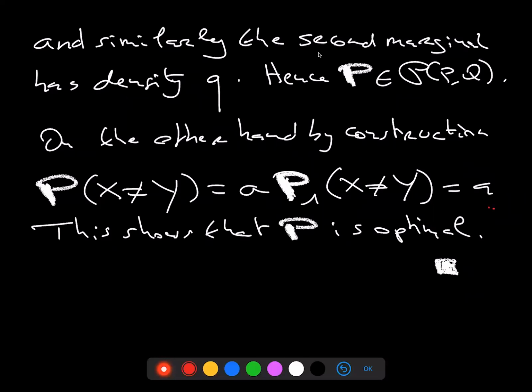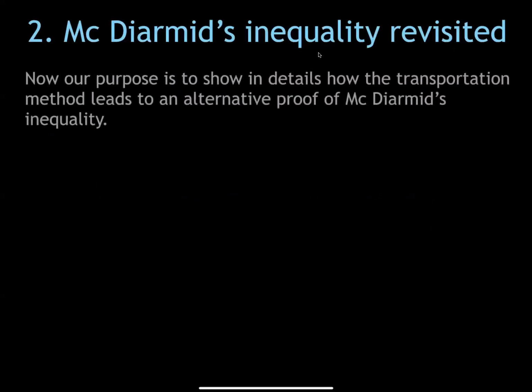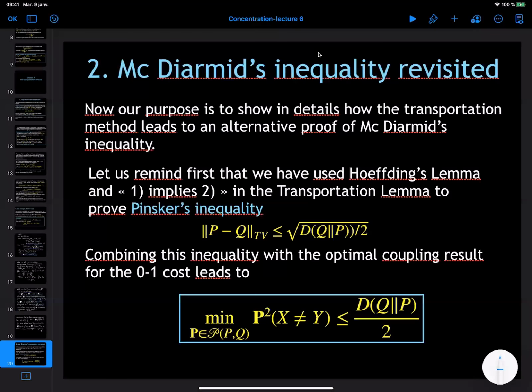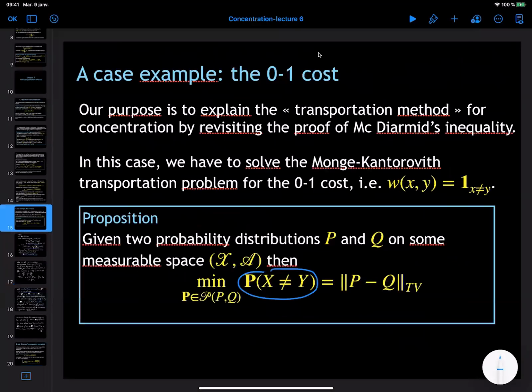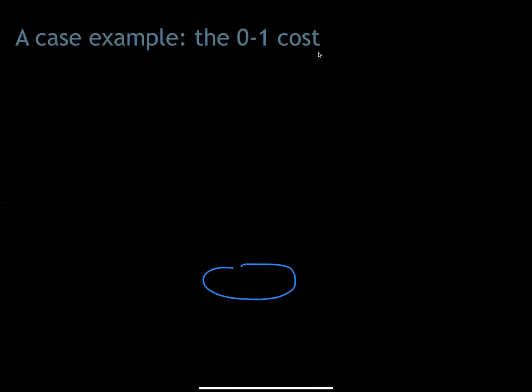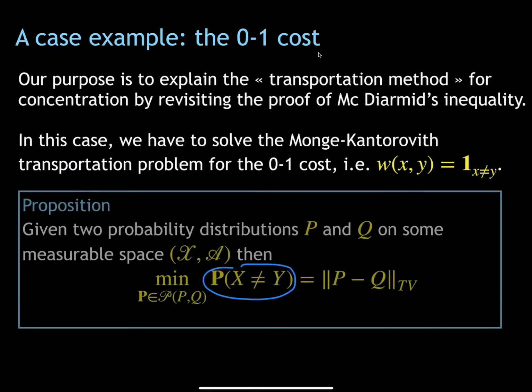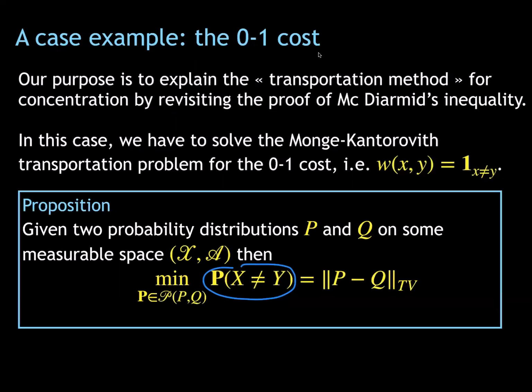So this finishes the proof of the fact that we can compute the transportation cost for the 0,1 cost. You can compute it, and it is equal to the total variation distance. This is the first step.